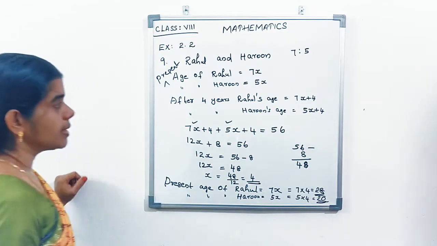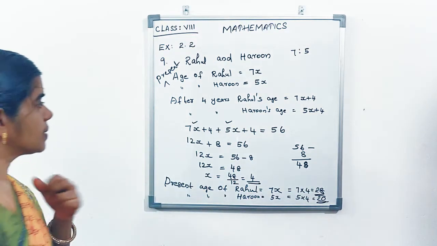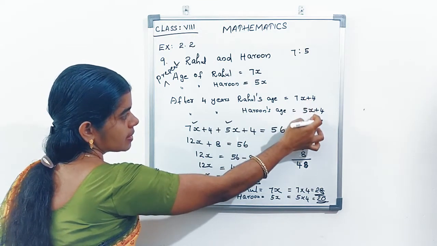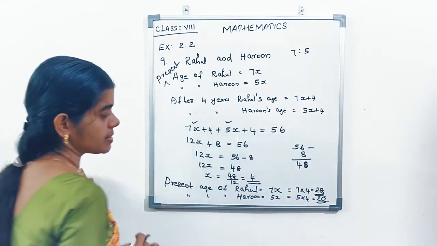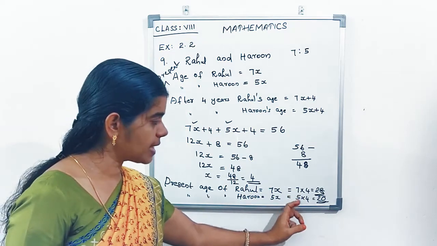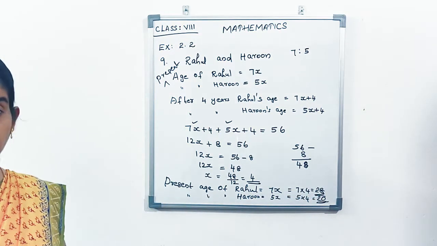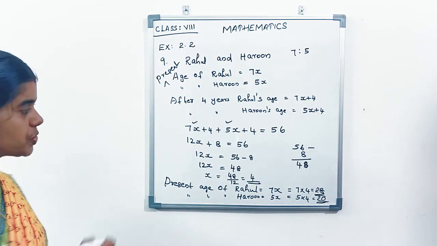Then we can check again. After 4 years, their sum you want to get 56. This will be the present age. Then after 4 years, what will be the age of Rahul? 28 plus 4, that is equal to 32.